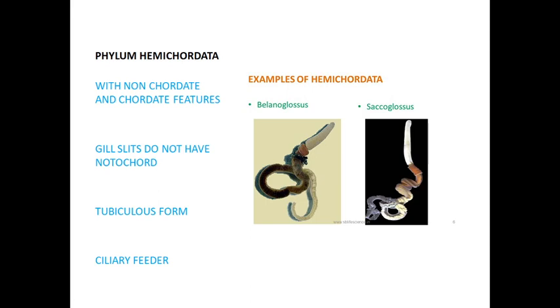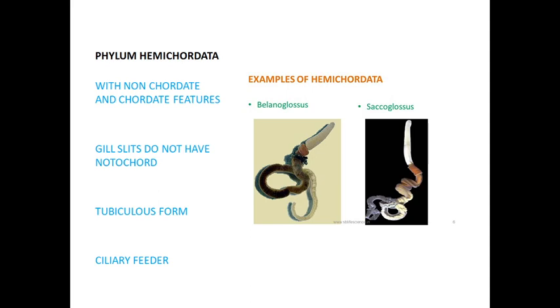So these are the things we want to know about the invertebrate phyla. The salient features and the examples are very important: whether the animals are radially or bilaterally symmetrical, whether they are triploblastic or diploblastic, in what way locomotion occurs, in what way excretion occurs, and which organs help in excretion. Keep these in mind.